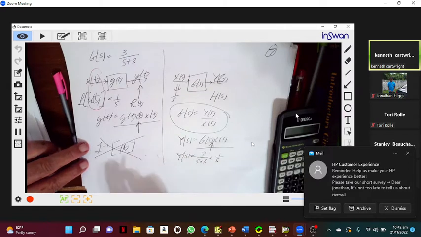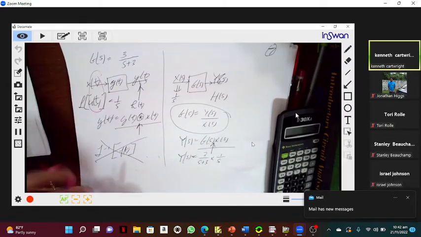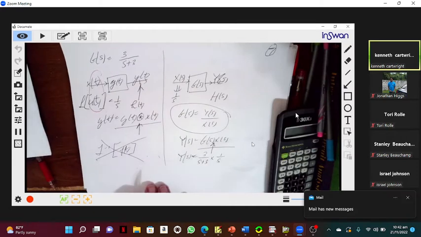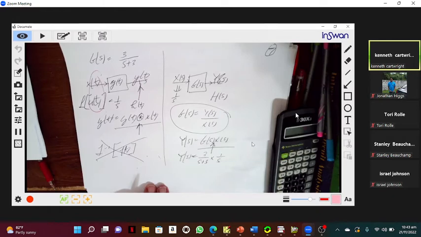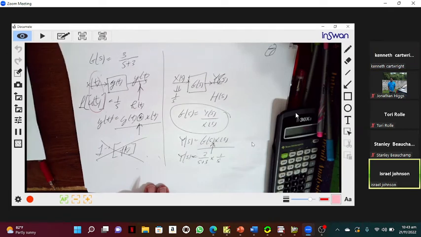So how are we going to find Y of T? Could we do inverse Laplace?